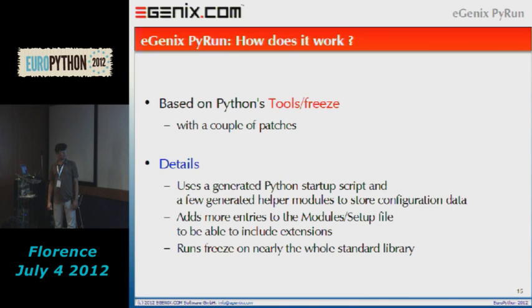Now what we did is we basically used that approach, except that we didn't have freeze run on our application. We just let freeze run on the whole standard lib library. Plus, we had to add a few more things to the module setup file in order to get extensions that are normally compiled as shared extensions in Python compiled as static extensions, so that they get integrated into the Pyrun executable.